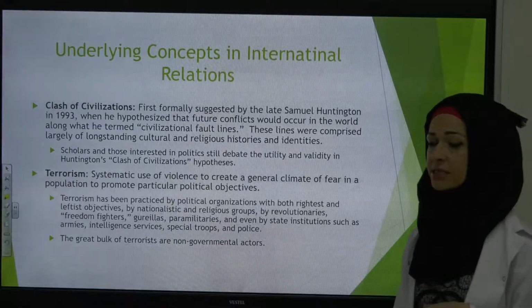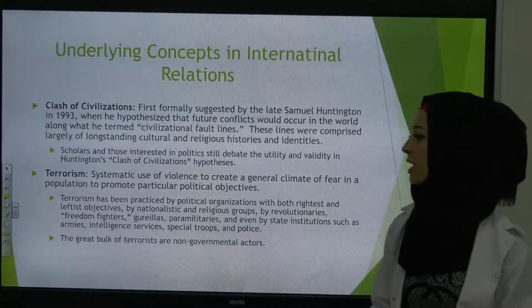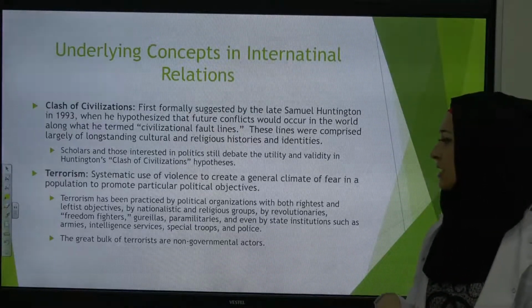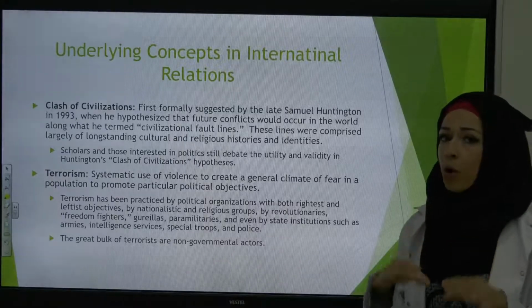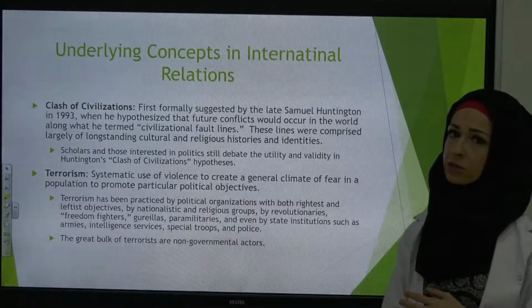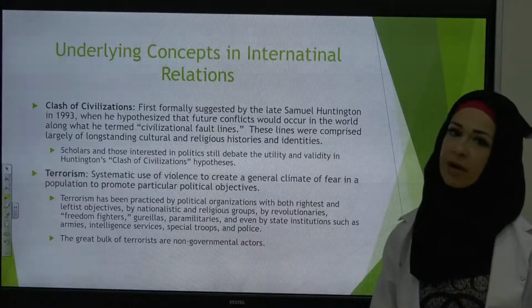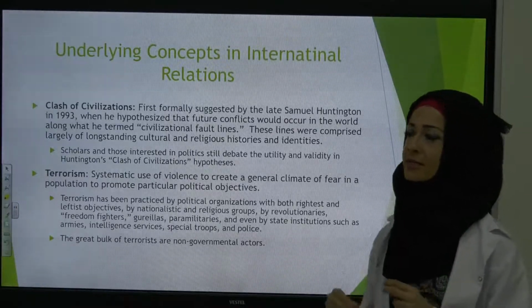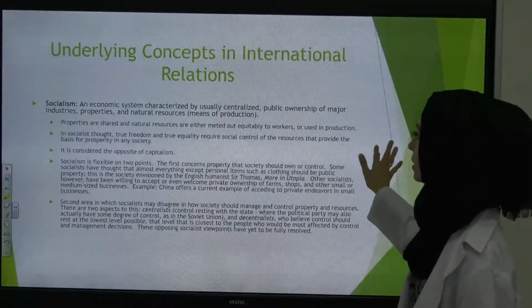So even police can perform terrorist acts. It's not restricted to non-state actors. But the bulk of terrorists are non-governmental actors. So keep this in mind. It can be a state actor, but it doesn't have to be necessarily.